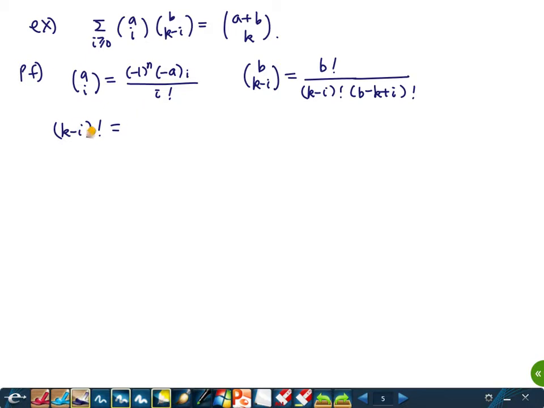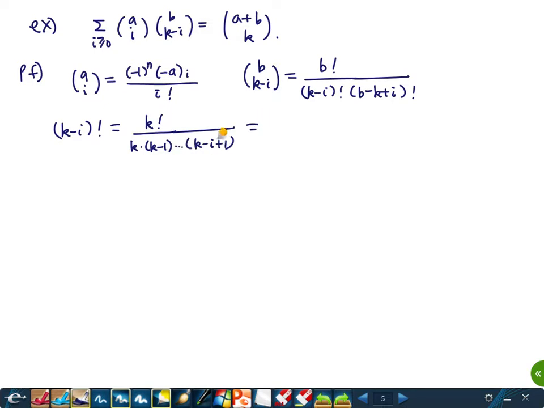So the idea here is that, just assume that this is k factorial, but of course they are not. There are more factors here, right? So we need to divide this by what? Divide this by k minus 1, ..., k minus i plus 1, right? We need to divide this by i factors like that.